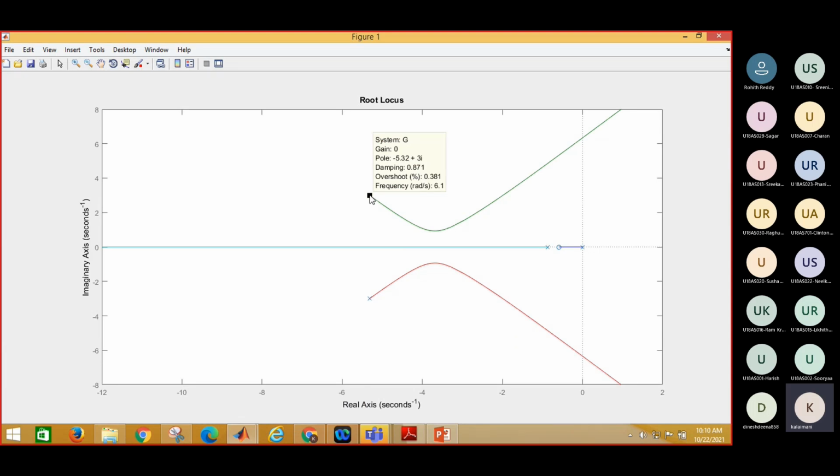If you increase my gain value, this tendency reduces, it will come to here. If my gain value is 3.6 or 3.88, go along this direction. If I increase my gain value, suppose my gain is 3.88, then if you increase your gain value, your damping will be reduced.